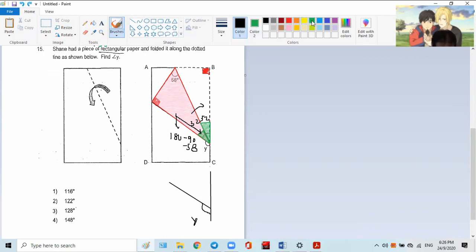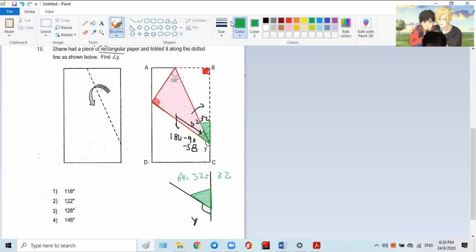These two green ones here occupy the big angle, which is 32 plus 32, right? It's actually 64 already. Do you understand? You know why 64? Because it is equal to 32 plus 32. So what is y?